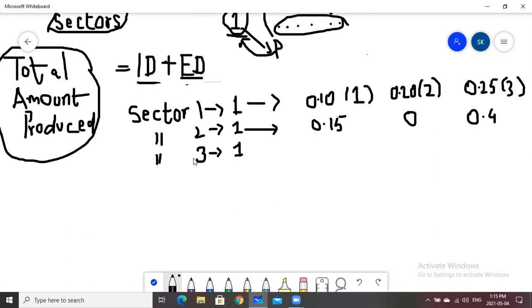Now for sector 3 to produce 1 unit of product 3, it requires 0.12 units of product 1, 0.30 units of product 2, and 0.20 units of product 3.